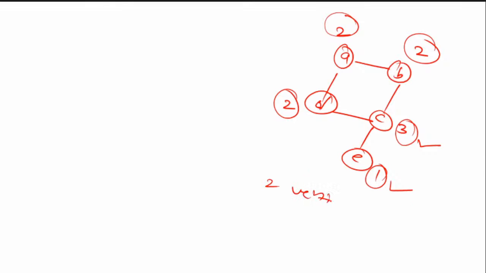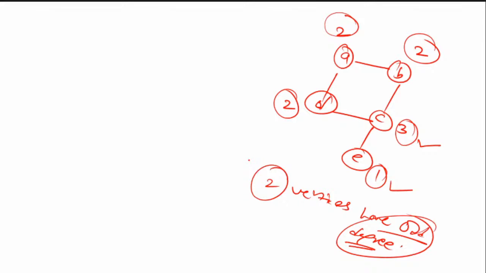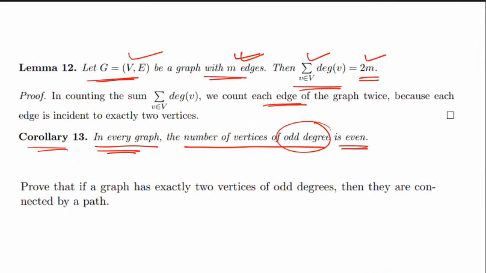So the number of vertices which have odd degree is 2, and 2 is an even number. This is our statement: the number of vertices which have odd degree will be even. Okay, so let's prove it.